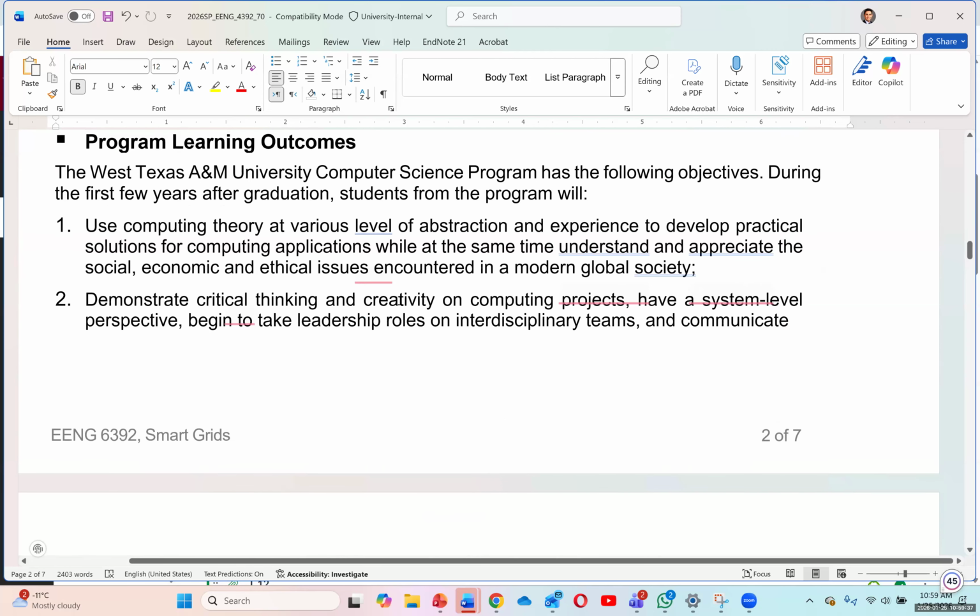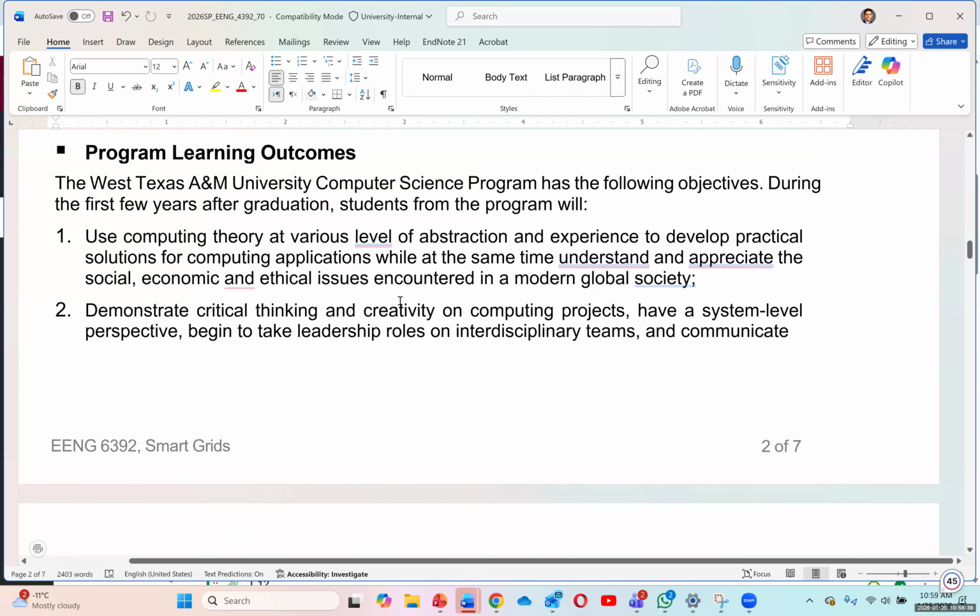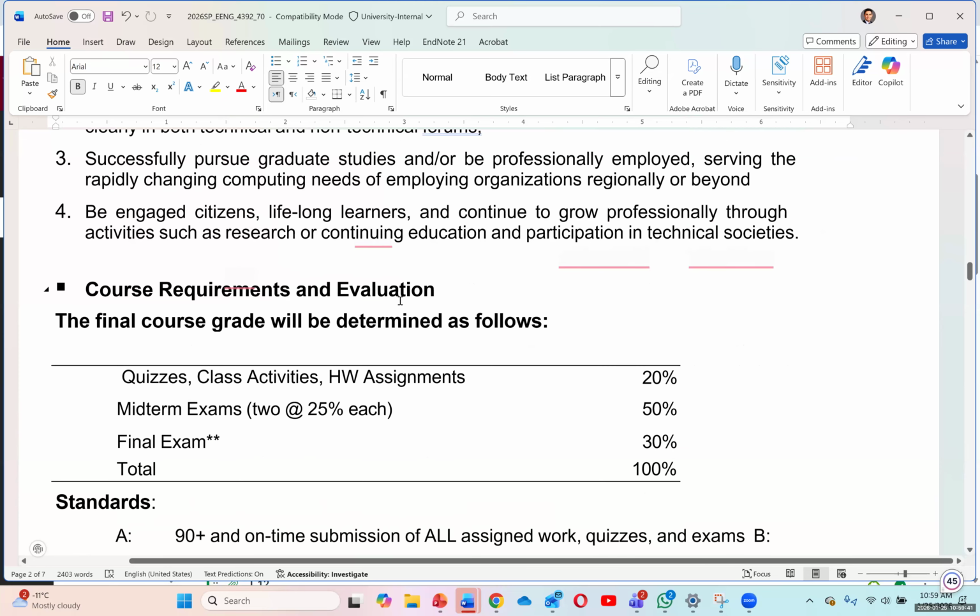Please also read through the program learning outcomes for West Texas A&M.